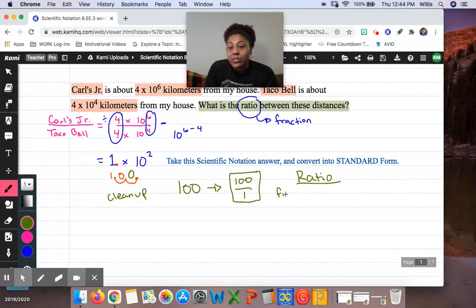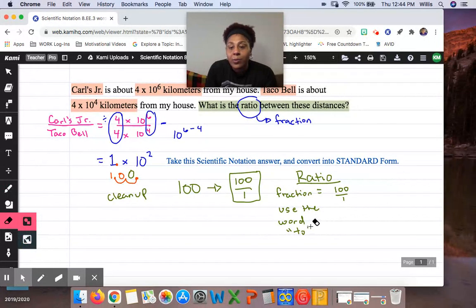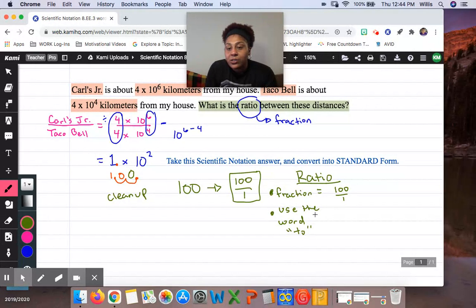A ratio is written as a fraction, so 100 over 1. Use the word to: 100 to 1.